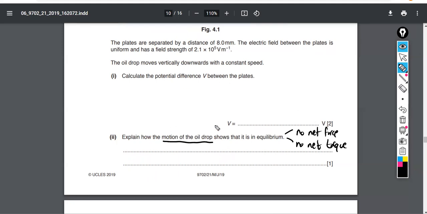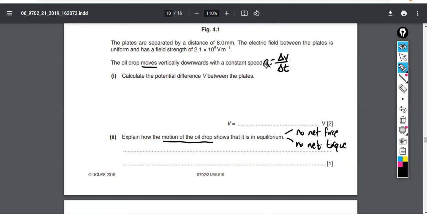The motion of the oil drop. Here they say the oil drop moves. How does it move? It moves vertically downwards, but with a constant speed. That's the key right there. If something has constant speed, is it changing its velocity? Well, the rate of change of velocity is acceleration.